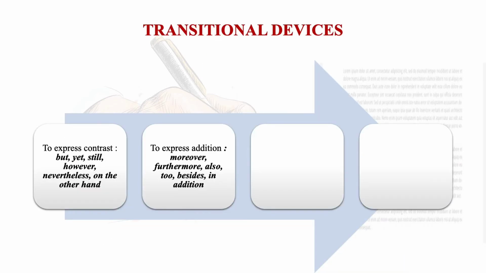Okay, I would like to go on a picnic. But moreover means, apart from this, I would also like to bring my family. So moreover means you want to add some more information to it. So there are words such as moreover, furthermore, also, too, besides, in addition. So these are the words which are used to express addition in a sentence or in a paragraph.